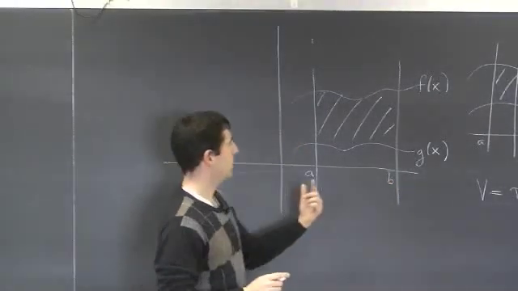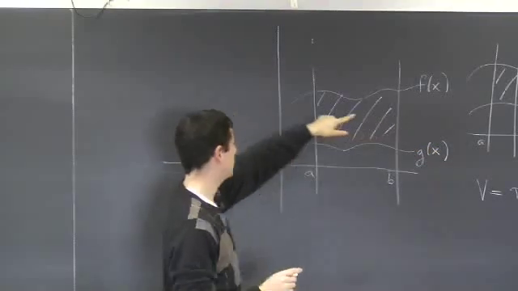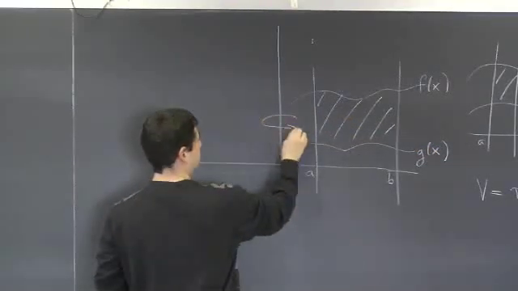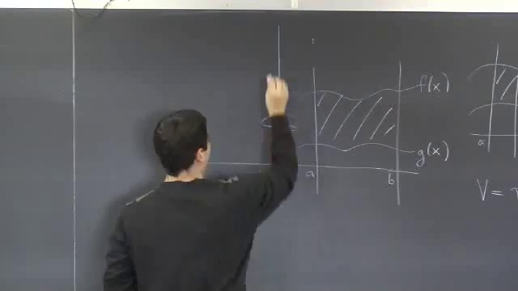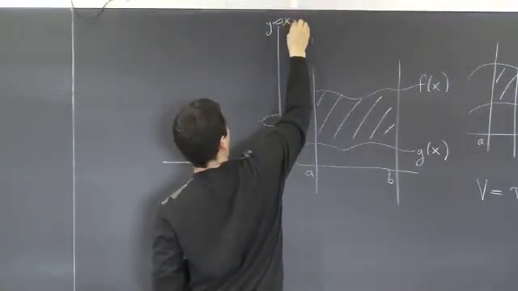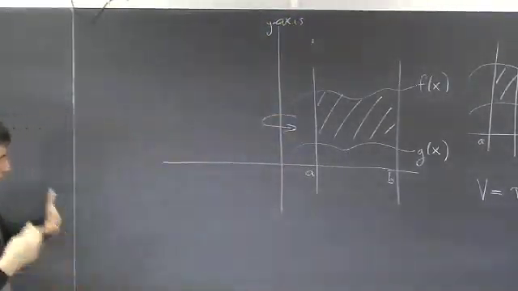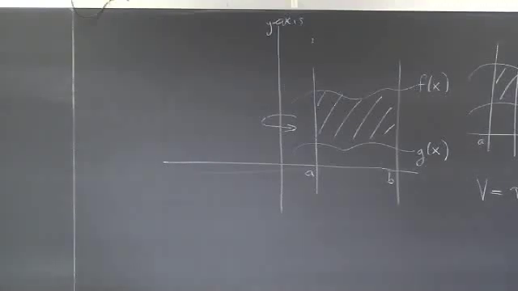But instead of rotating around the x-axis, we're going to rotate around the y-axis. So there's your y-axis. Okay, so there's really only the two things you can do: rotate around the x-axis, rotate around the y-axis.